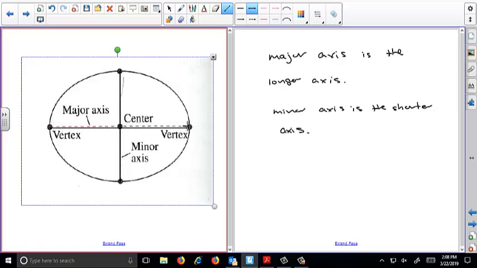If I draw a line between those, and the same midpoint on this part of the ellipse, this is not called a vertex. Is that called a vertex as well? Well, it doesn't show it, so let's just assume it's not. This is just a point on the minor axis.